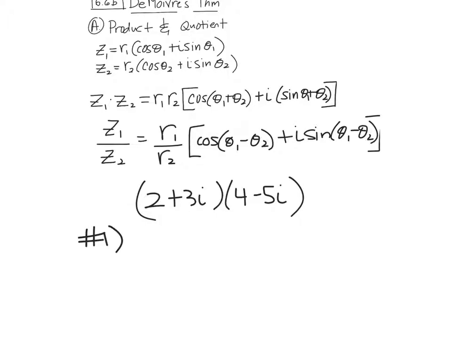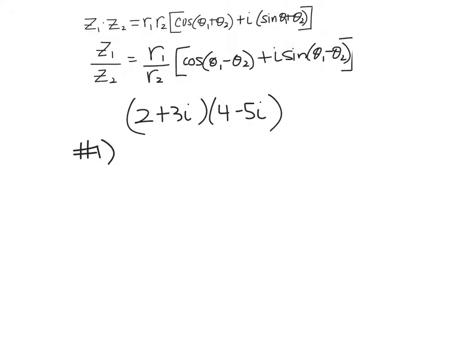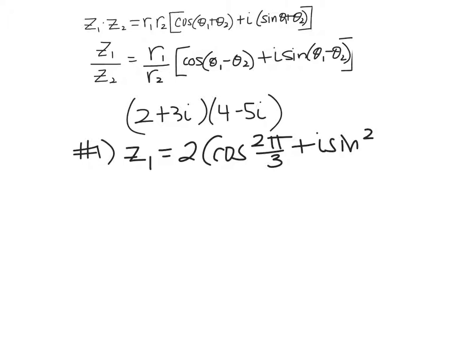Number 1. All right. It says here that Z1 is equal to 2 times the cosine of 2 pi over 3 plus I sine of 2 pi over 3.